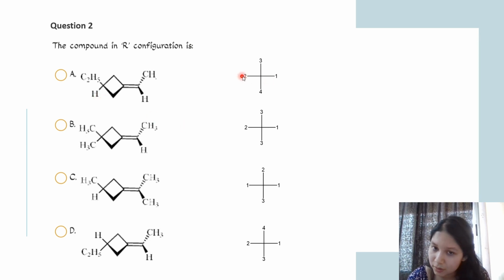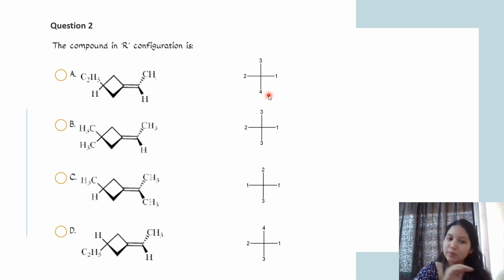So the horizontal plane we have already placed. In the vertical plane, the third priority group will come here and the fourth priority group will go below. Always remember, the 1 and 2 priority groups come first, in the plane nearer to your eyes. So 1 and 2 we have already placed, and between these two, third and fourth now we have placed.